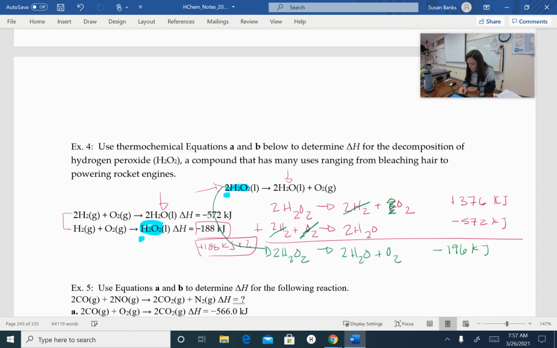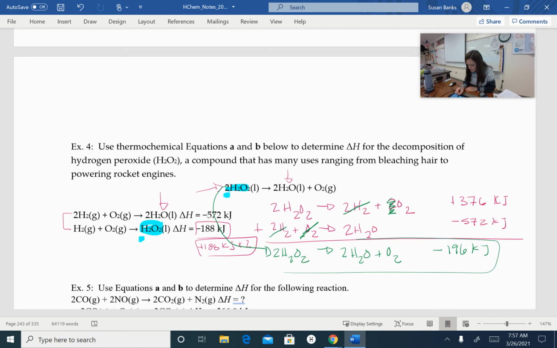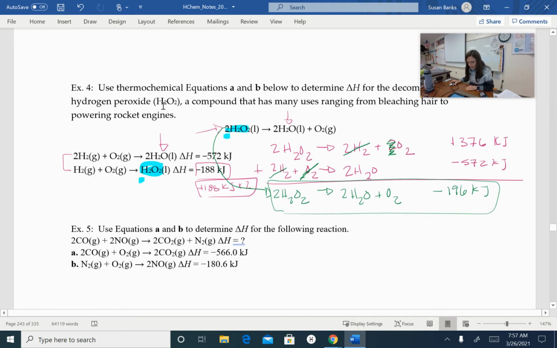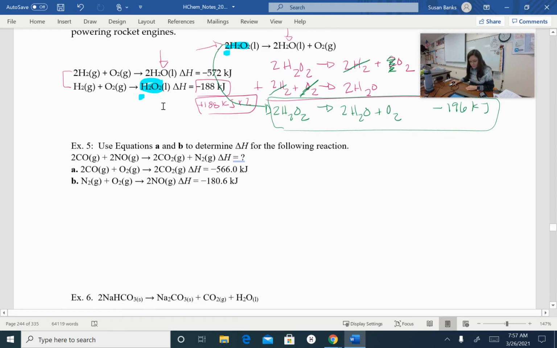So I can create knowledge of the enthalpy of a reaction even though I don't necessarily run that reaction. I can sum up other reactions to get that. Let's do another example.